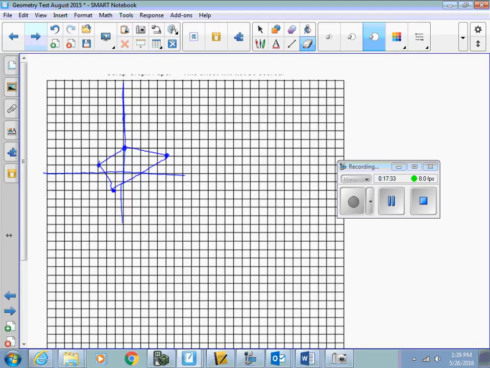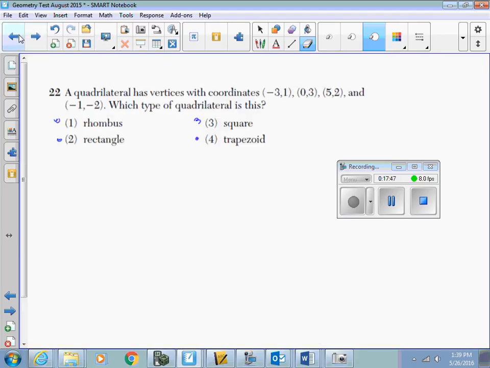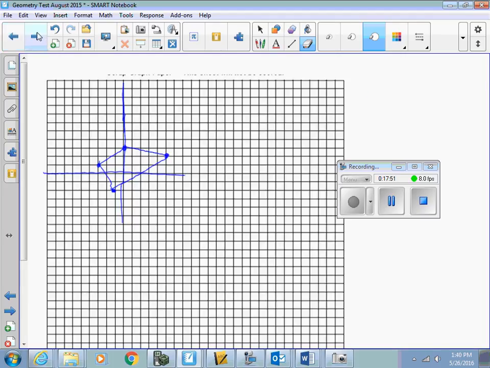Okay. Now, this is multiple choice. If this were a part 2 question, where they asked to show why you think it is what it is, it'd be a lot more work. But looking at that, obviously that is not a square. And obviously it is not a rectangle. And if you remember, a rhombus has all sides being congruent. A quick check, we could do the distance formula, or we could just set up our a squared plus b squared here.